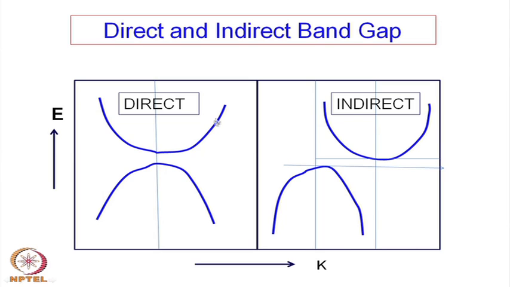Okay. These are two different surfaces. This is one Brillouin zone, this is another Brillouin zone. So, the gap is along the vertical line, or the electron can move in an inclined way also.